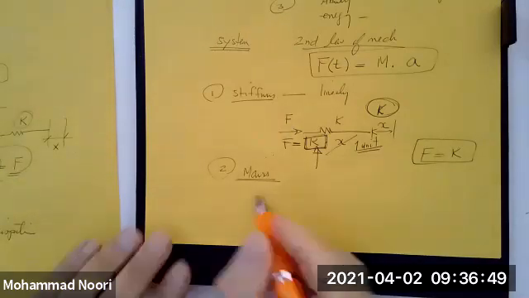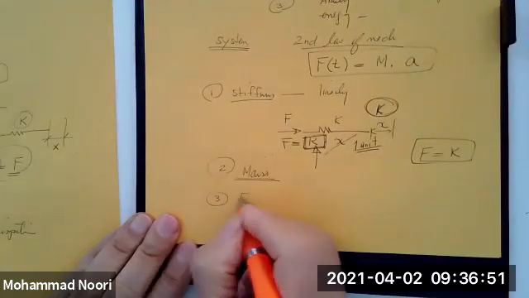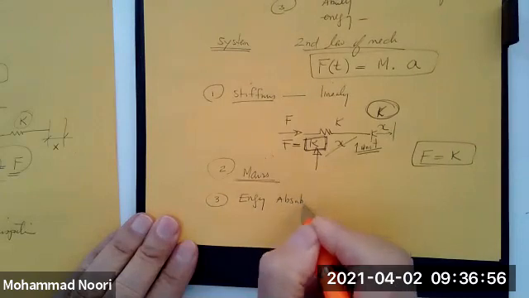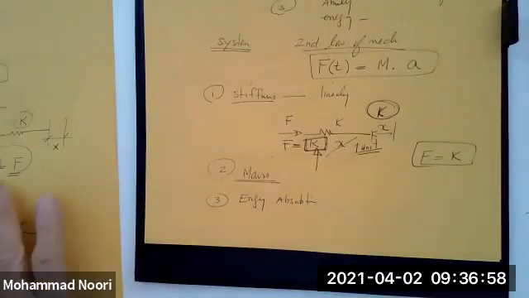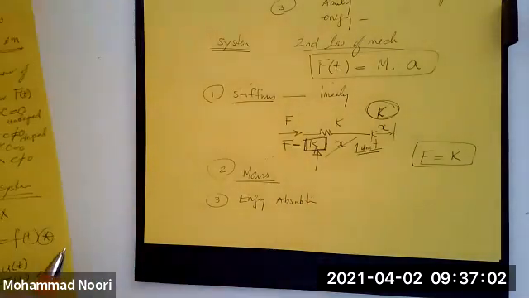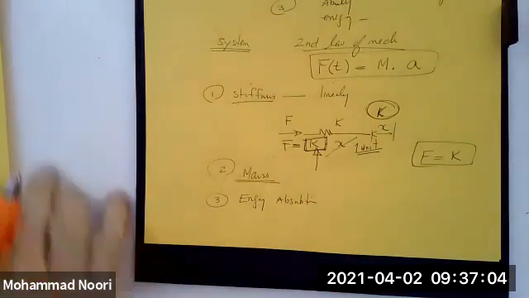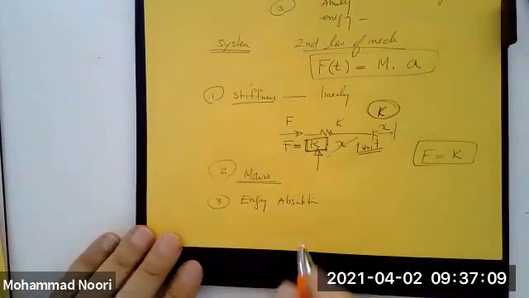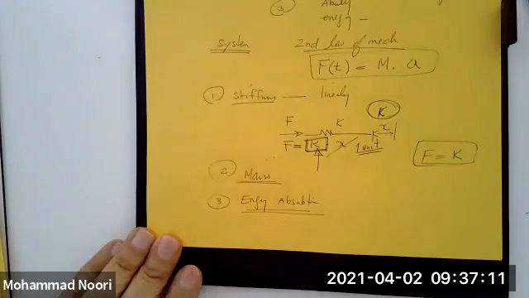And the energy absorption is, in fact, the most complex element of this system that we're talking about, because that is something that you haven't even studied in previous courses. It's a very complex component.